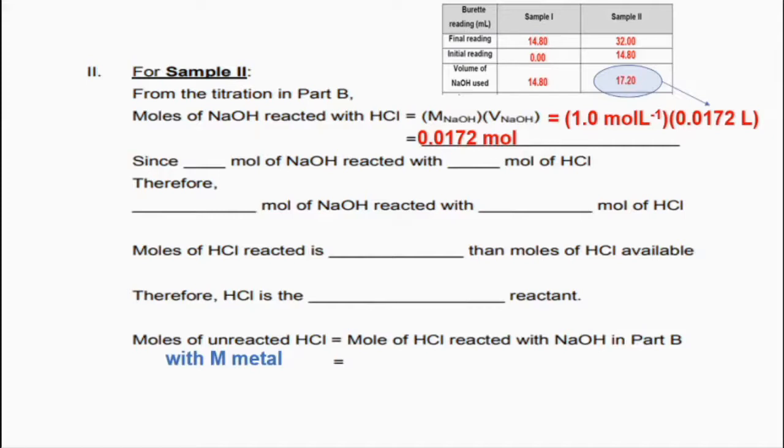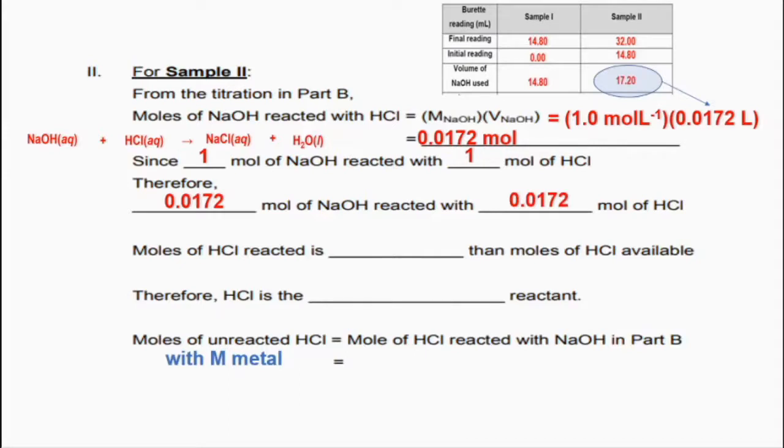From the equation, since 1 mole of sodium hydroxide reacts with 1 mole of HCl, if we have 0.0172 moles of sodium hydroxide, it should react with 0.0172 moles of HCl.